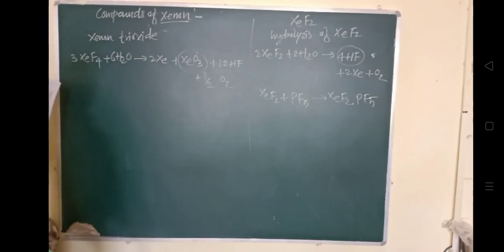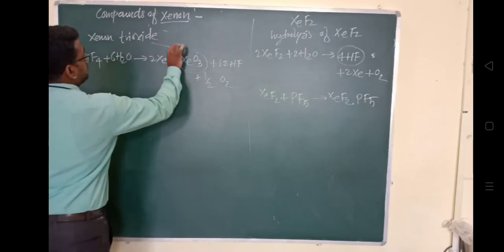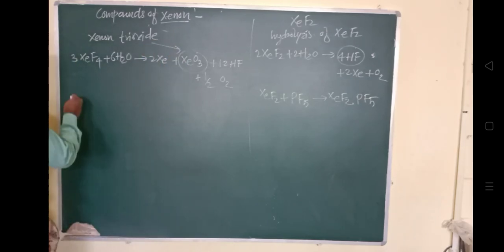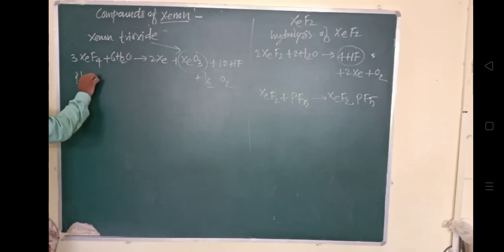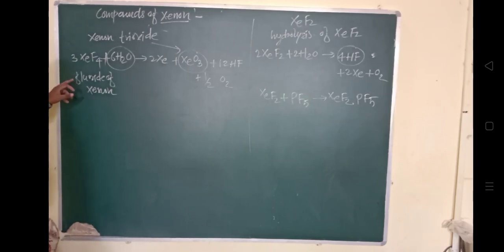Another example is XeF6 plus thrice H2O, it is forming XeO3, which is nothing but xenon trioxide, plus 6HF. So this is the preparation of xenon trioxide.